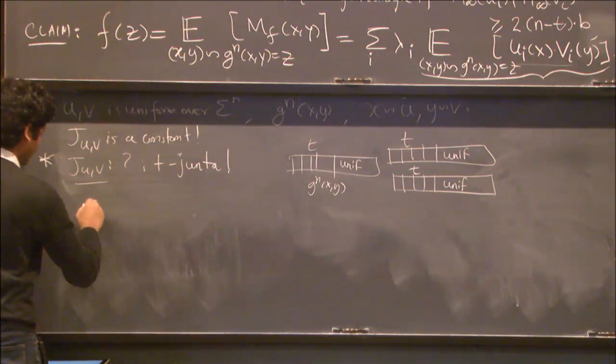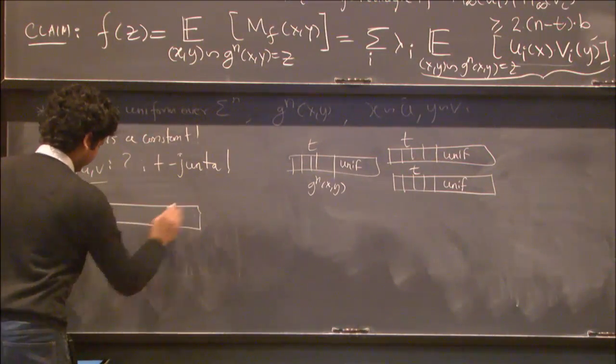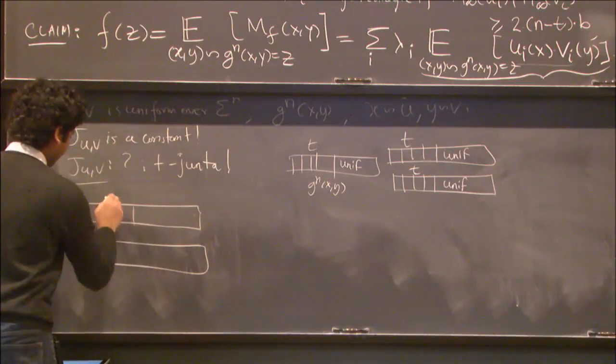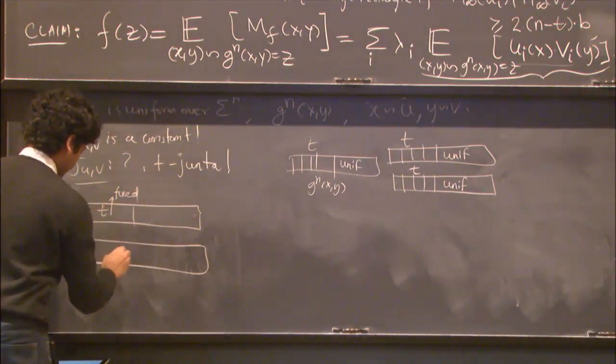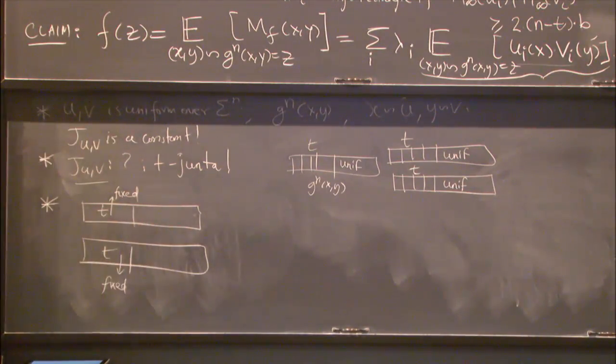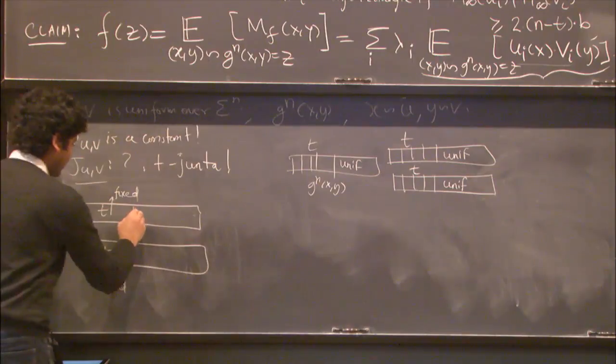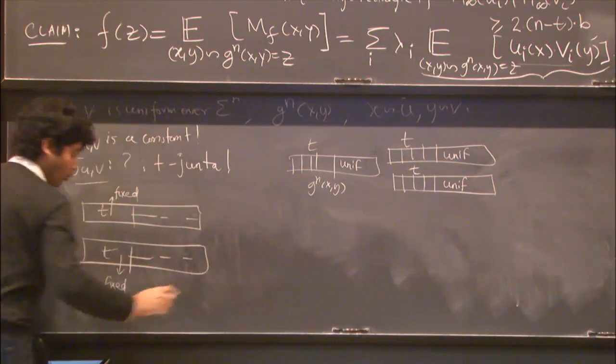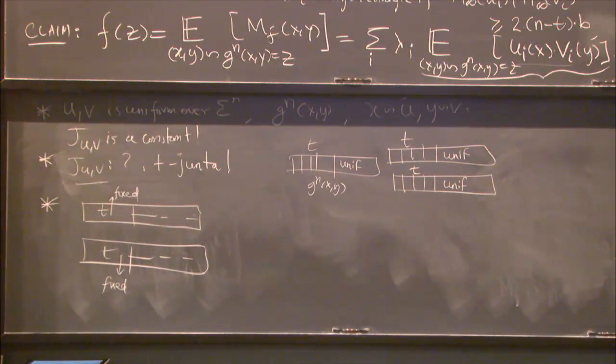So now suppose u and v are like this. They have the first T blocks fixed. Now the rest of the things, over different blocks, they are uniform. But inside each block, so over different blocks they are independent, but inside each block they are not uniform, but they are some distribution with high min entropy.